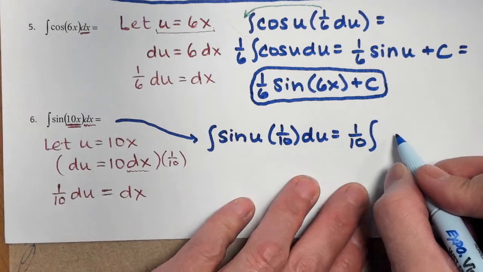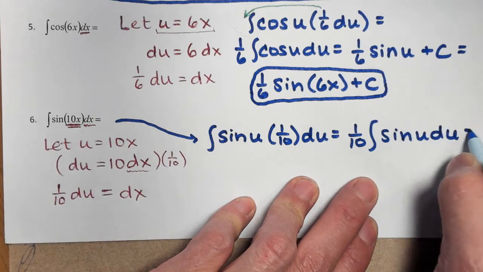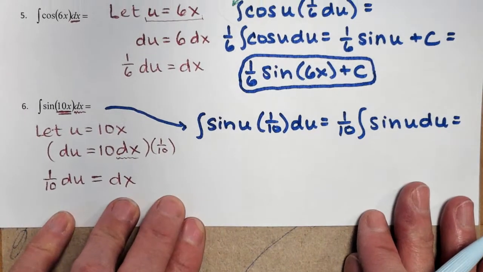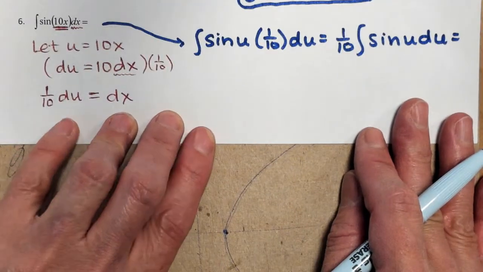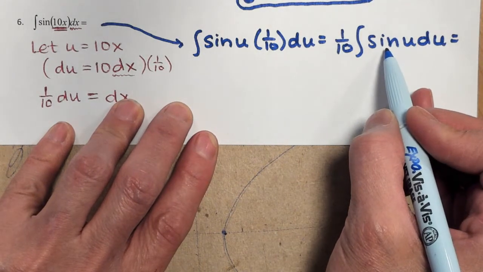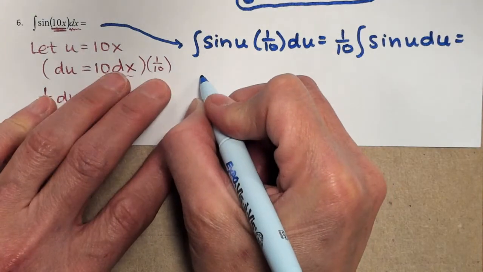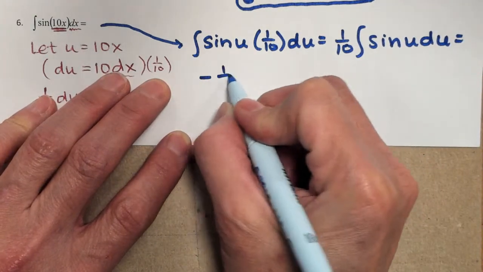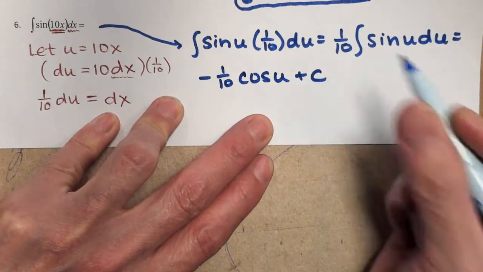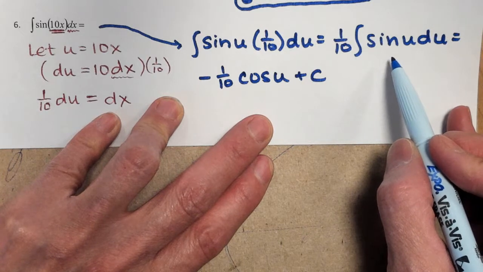So that's 1/10 sine u du. Well, we already know how to integrate sine u du. The integral of sine u is negative cosine u. So this is negative 1/10 cosine u plus c. And that's because the derivative of cosine is negative sine.